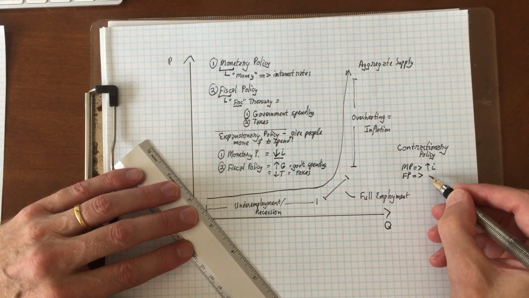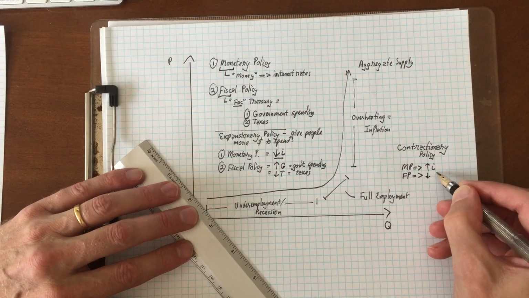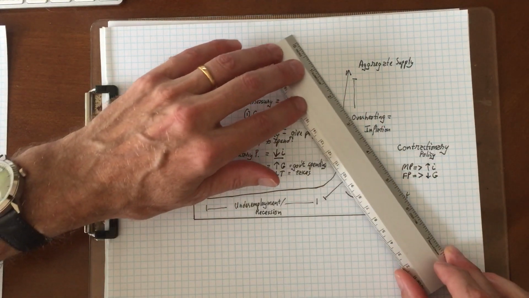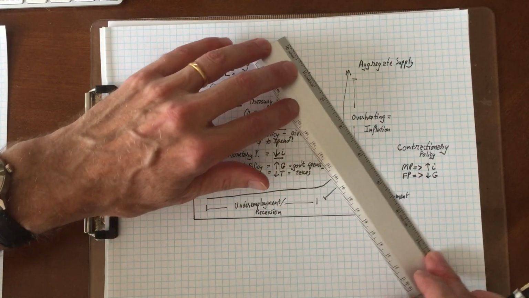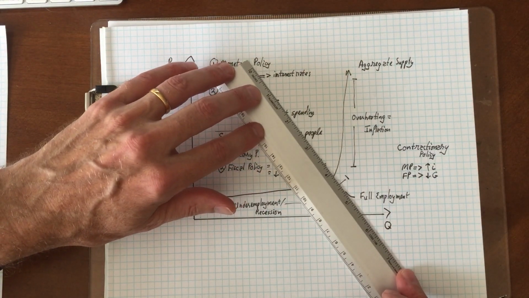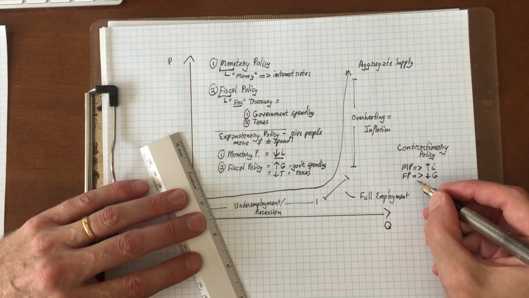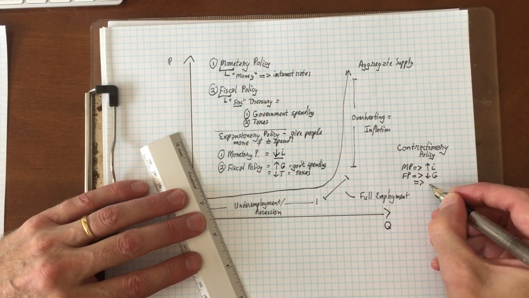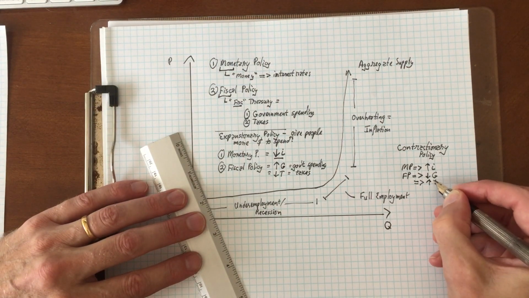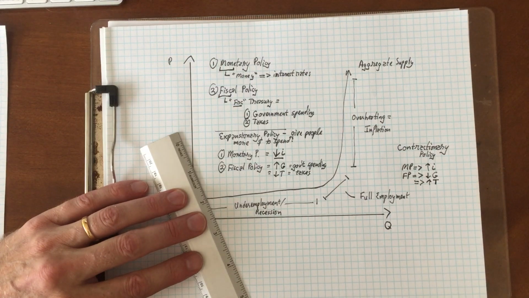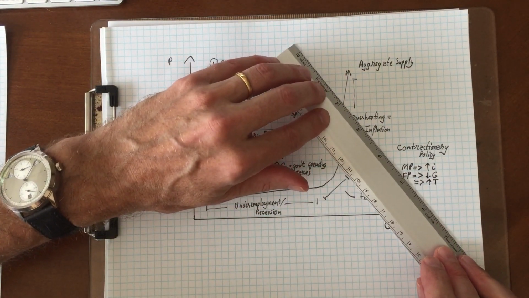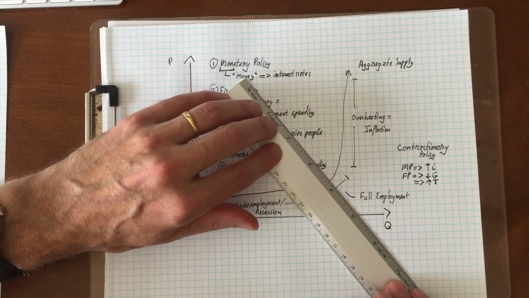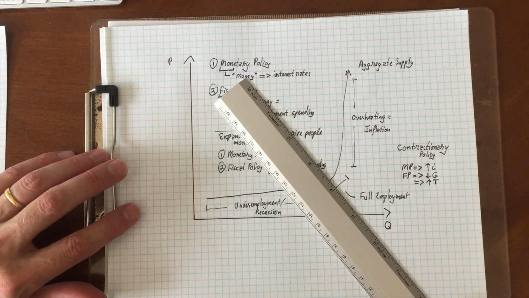For government spending, you cut government spending. Okay, you cut welfare programs, you stop building roads, all that kind of stuff, and the economy is going to slow down. Or you can simply take the money directly away from people by increasing taxes. Same thing happens. You increase taxes, people have less money, and bang, the economy slows down.